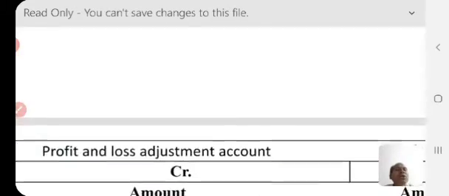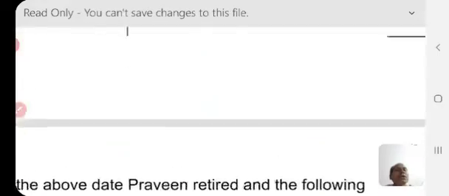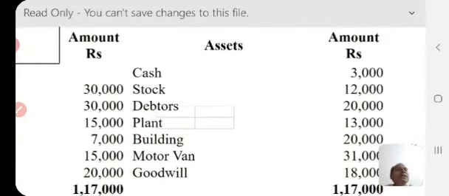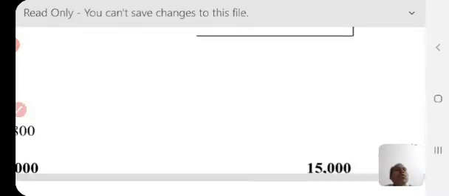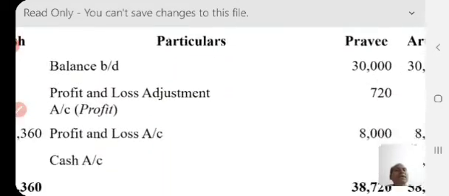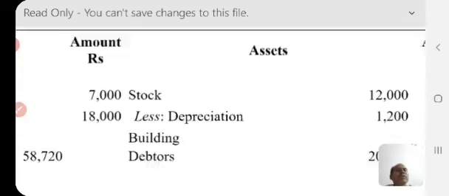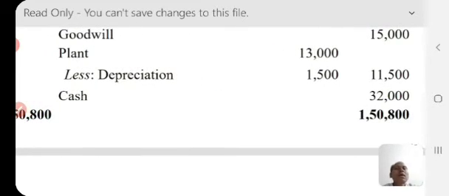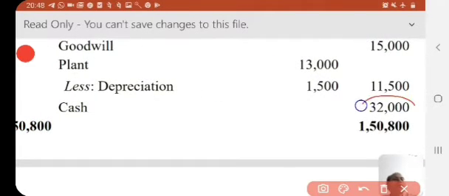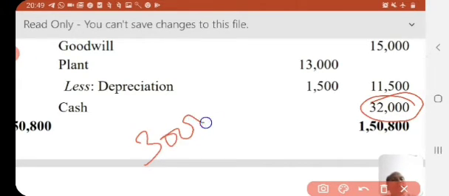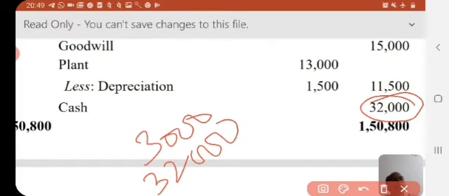Earlier the cash was 3,000. Now 32,000 is given. See, cash is 32,000. So 3,000 is given in the beginning and now it is 32,000.